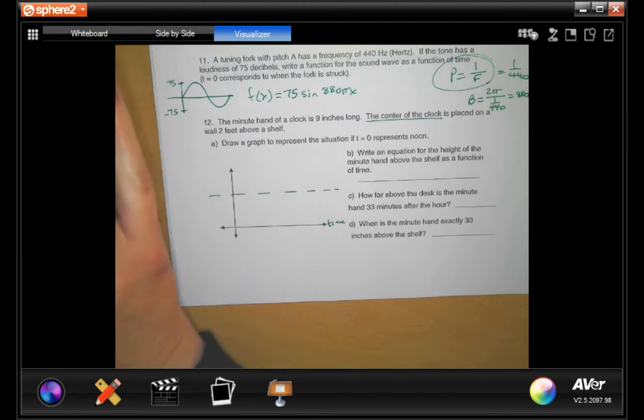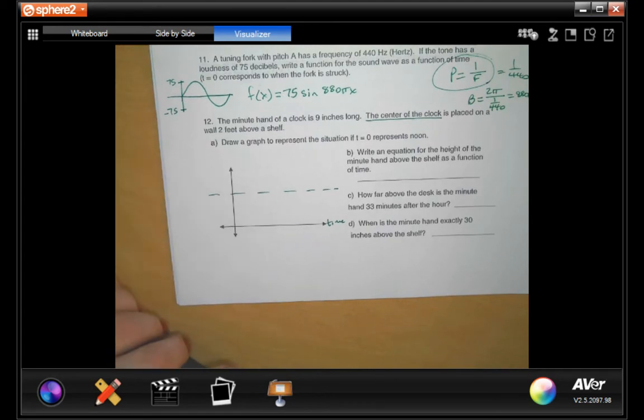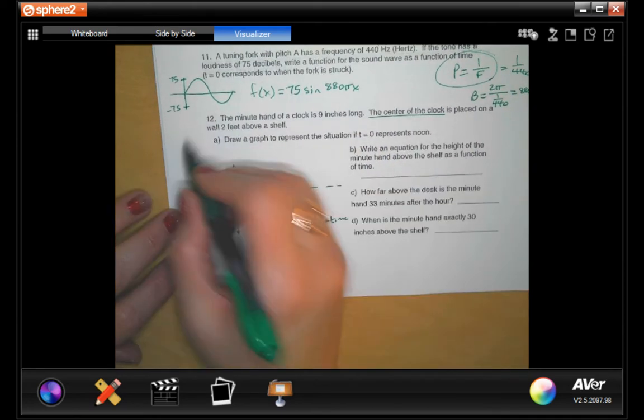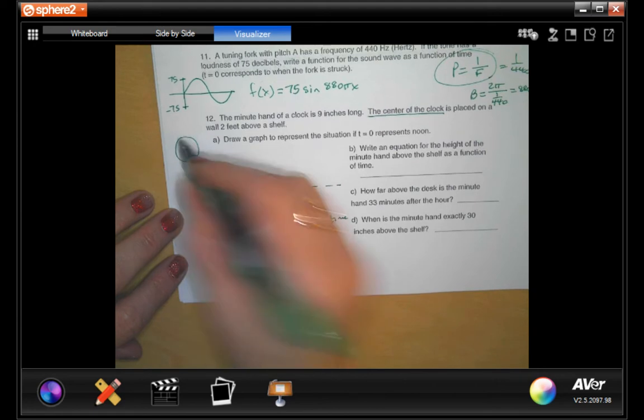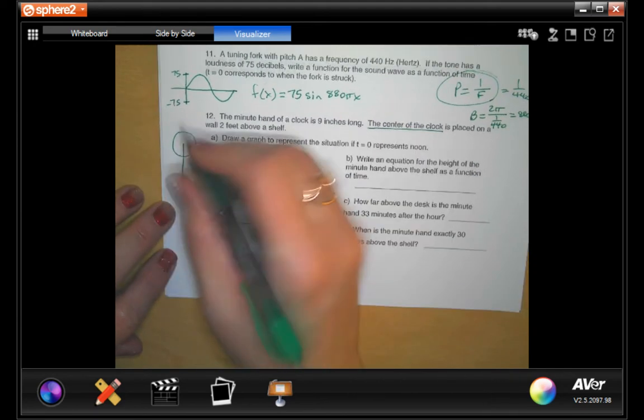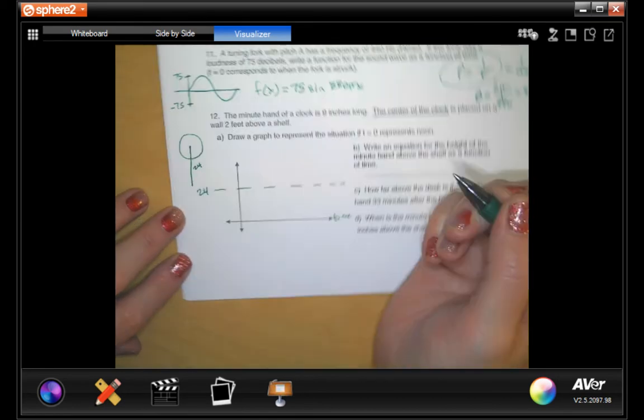When they tell us the center, you have that. Now, it's 2 feet above the wall, but the actual minute hand on the clock is 9 inches. So what should we put here? What's the middle? 24. So think about the clock: this is the center of the clock, and it's 24 above the shelf.